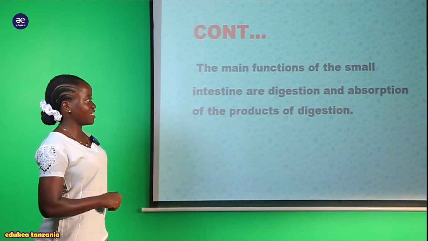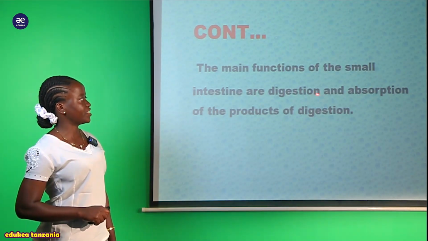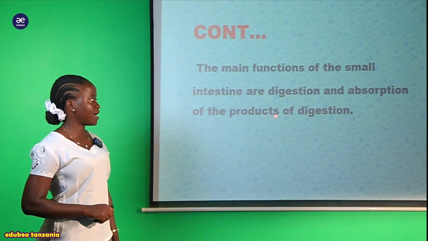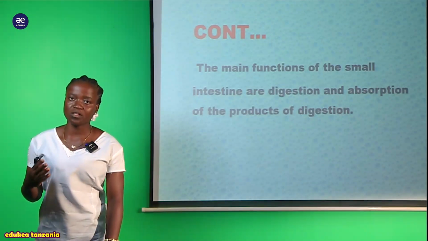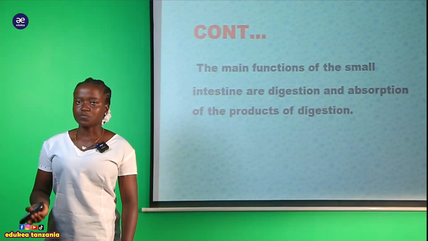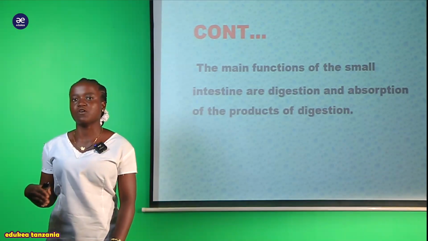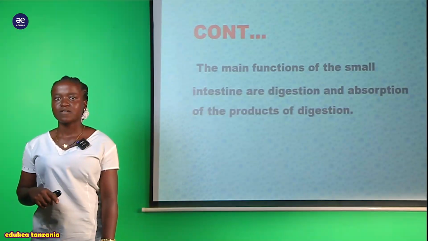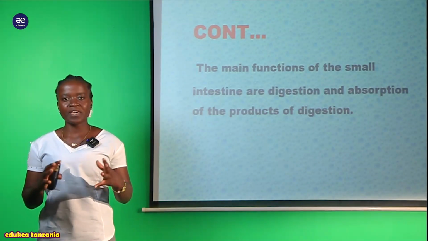And also we can say that the main function of the small intestine is digestion and absorption of the products of digestion. So also we have the small intestine. What is the function of this small intestine? The small intestine helps in absorption and digestion of food products. So it does the work of digesting food.